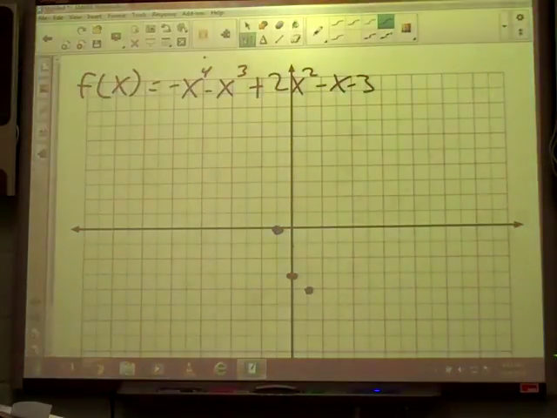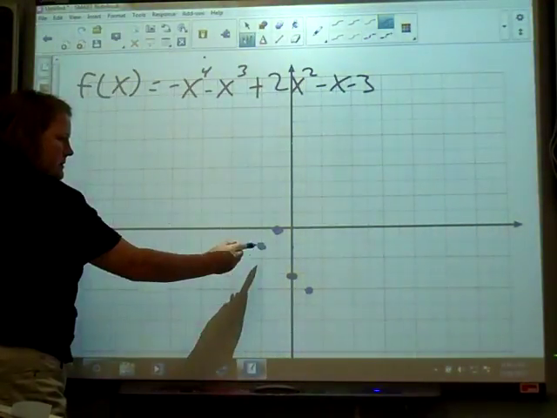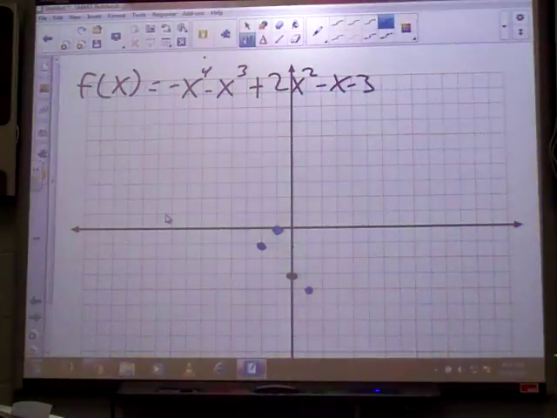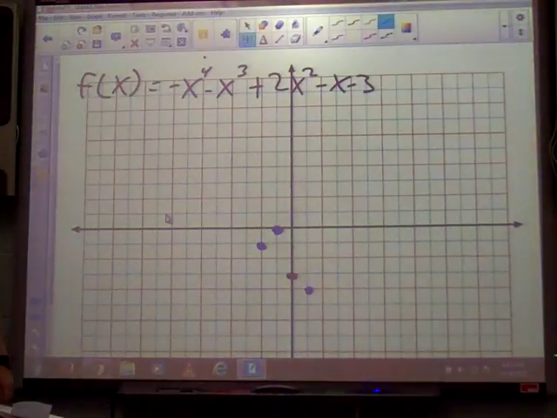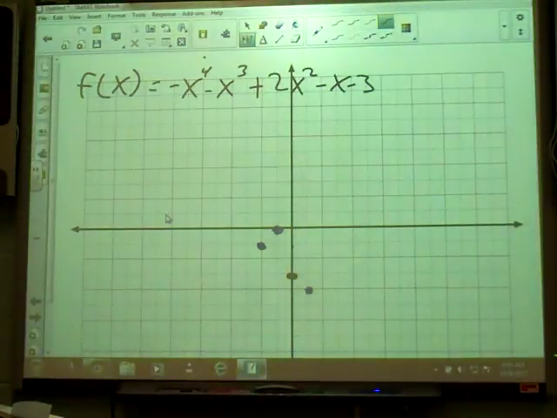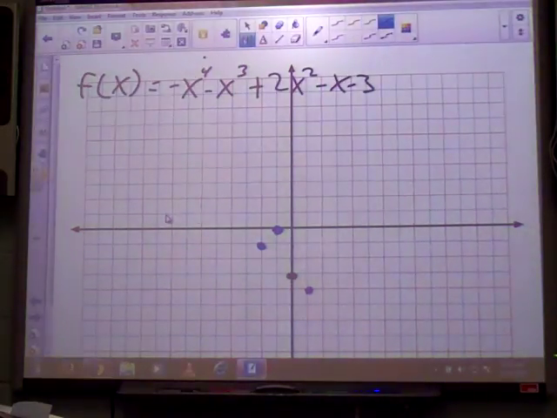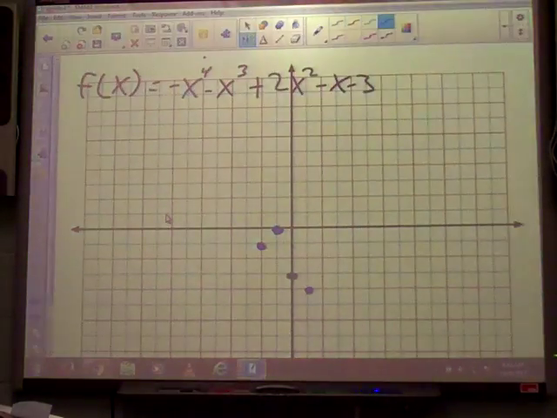Negative 2, negative 1. Trevor, give me a point. 2, negative 21. I don't want that one. 1, negative 3. Negative 3, negative 36. I don't want that one. 0, negative 3, you're out of luck. Is that all we got?